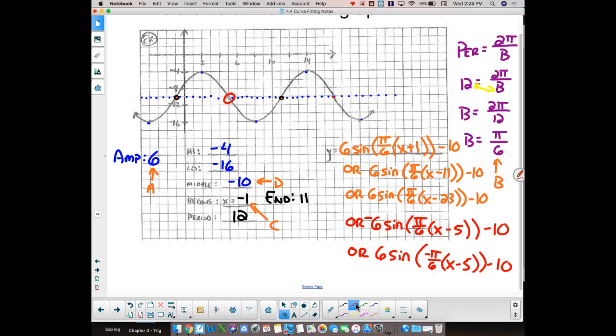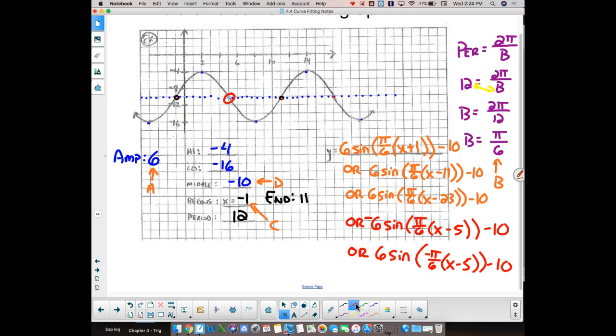So it would be plus 7 for my C value. Okay? So when you find one, you found a lot. You found an infinite amount of them. Easy for you, hard for me, because I got to know them all. You only got to know one of them.